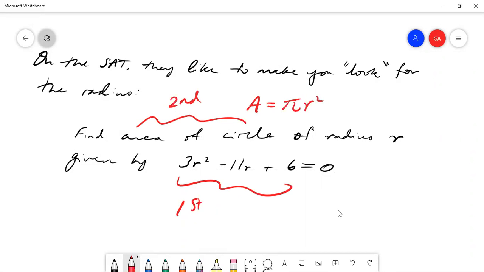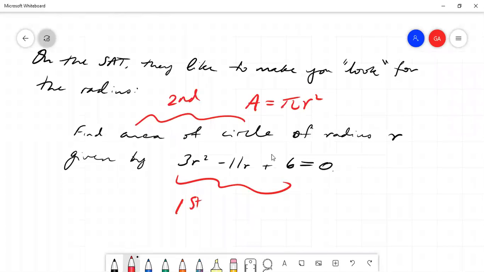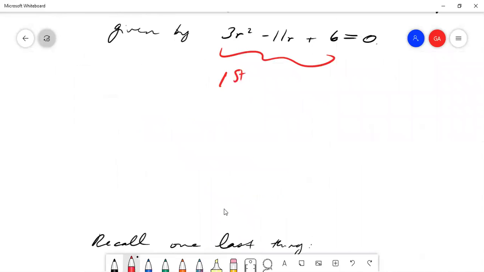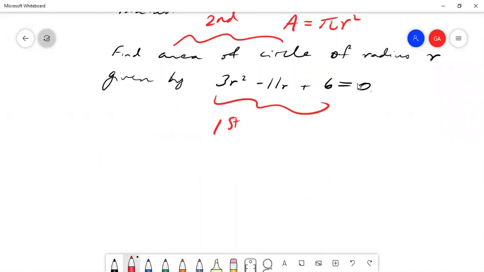And can someone factor this for me? We spent an entire week on factoring quadratics. Who knows how to factor this thing? Or should we just do it together? So the way I taught you how to do this is to write the different factors. So 3r and 1r, and then sort of cherry pick, wisely choose the other factors to give you a desired result.